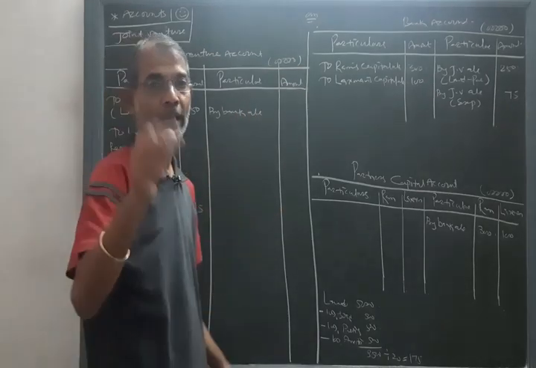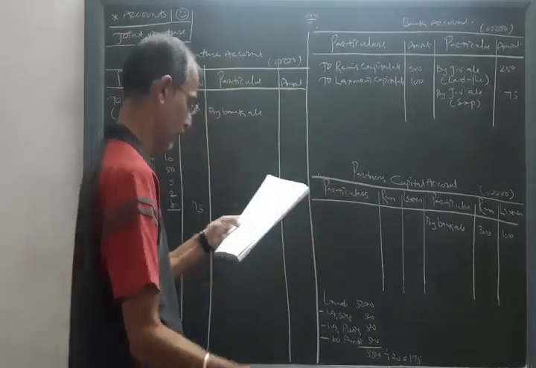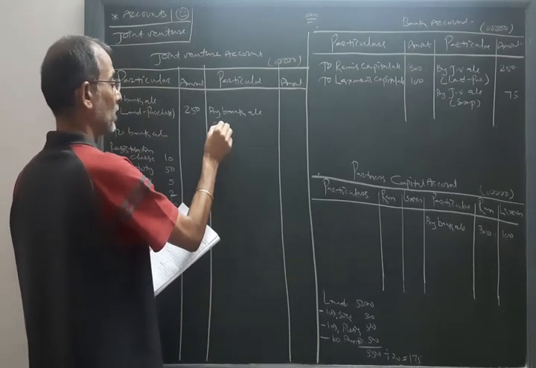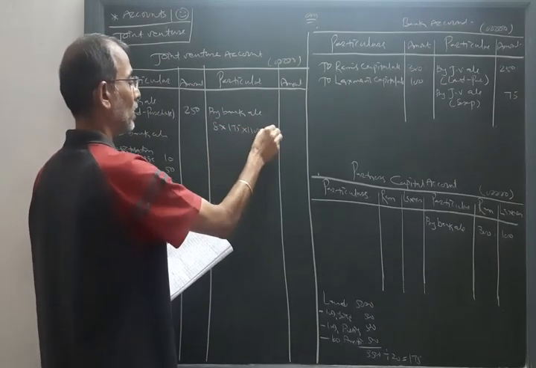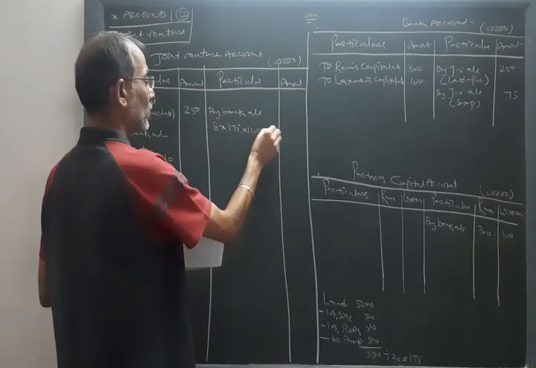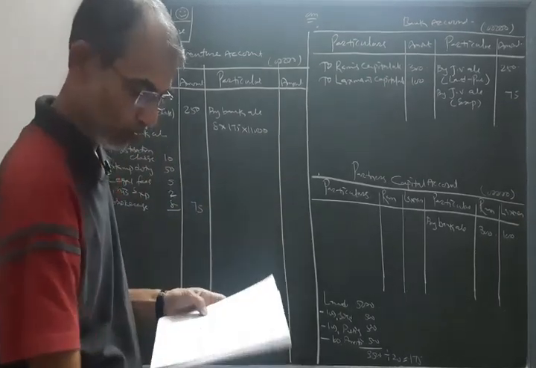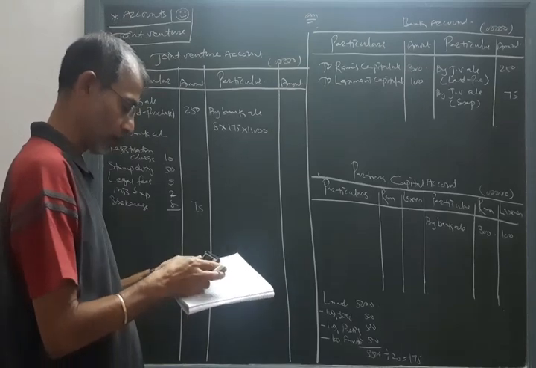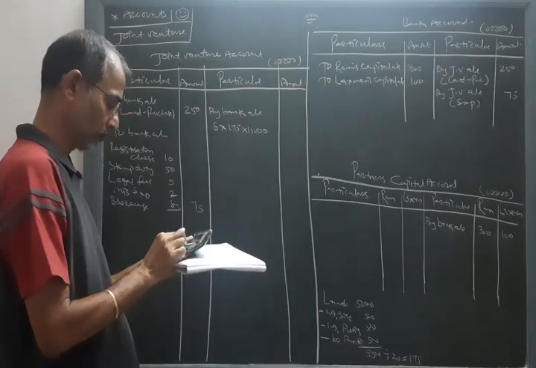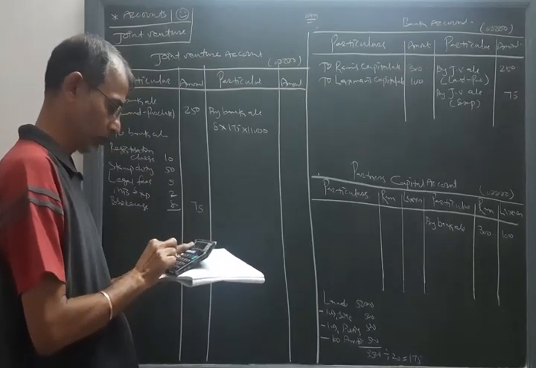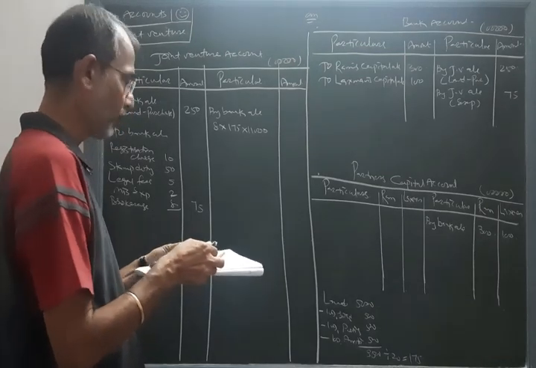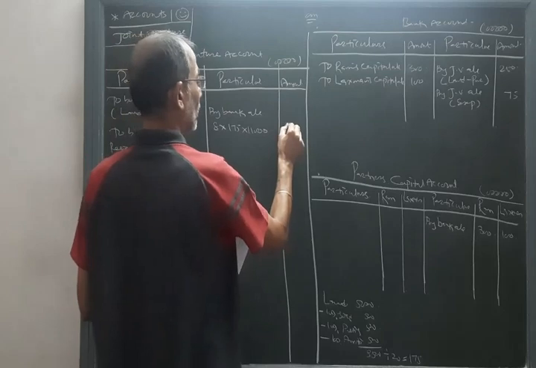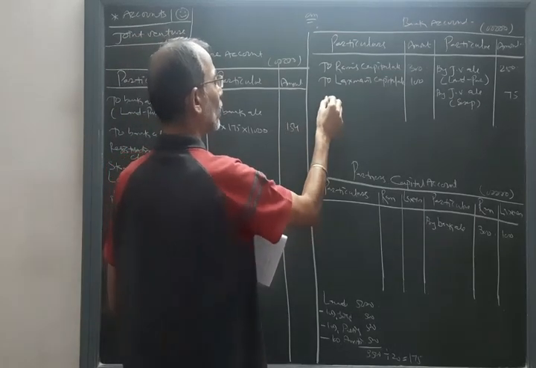Now 8 plots are sold, so by bank account, on the credit side of the joint venture account, 8 plots, each plot of 175 square meters into 11,000 per square meter. So the sale price of this will be 1 crore 54 lakh. So I will write it 154.